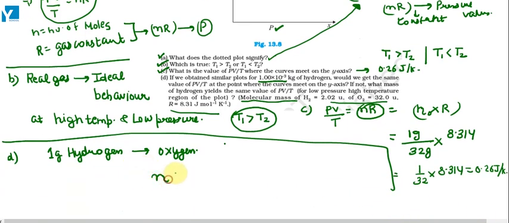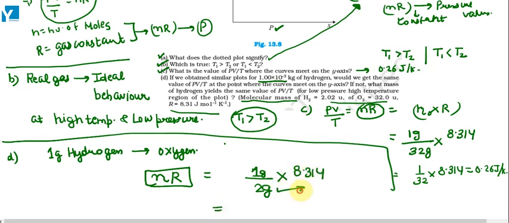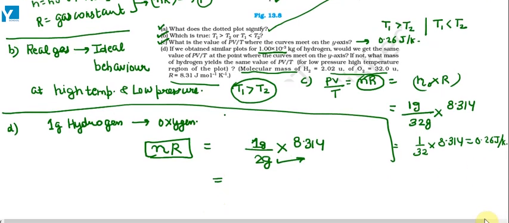Simply it will be number of moles of hydrogen and value of gas constant. So it will be 1 given weight is 1 gram and it will be 2 gram and into 8.314. This is the molecular weight of the H2 molecule.